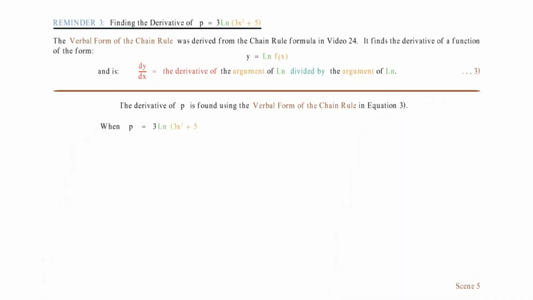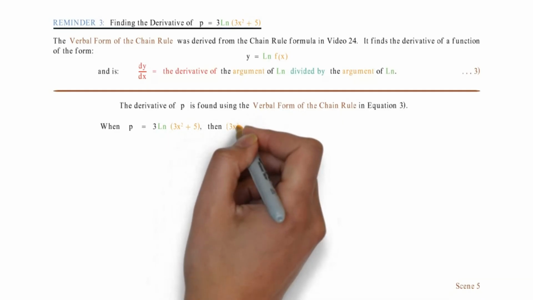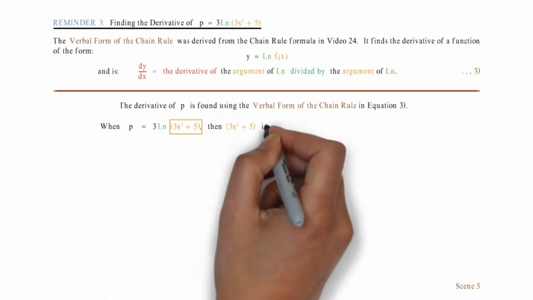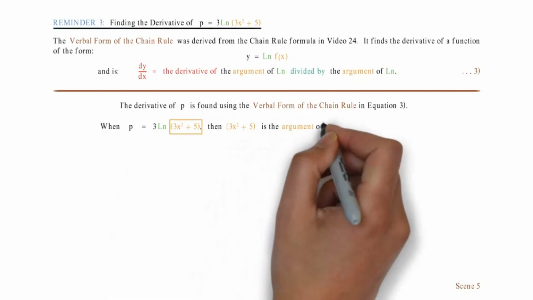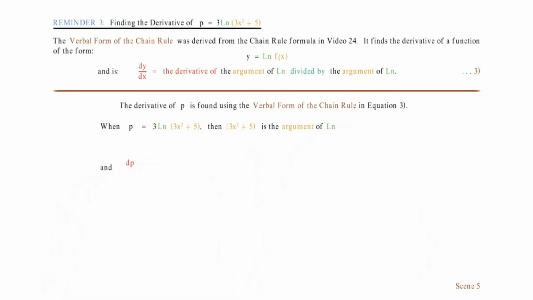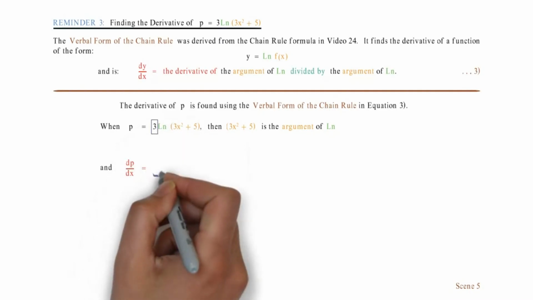When p equals ln of (3x squared plus 5) all cubed, then 3x squared plus 5 is the argument of ln, and dp by dx equals bring 3 down as 3 times.